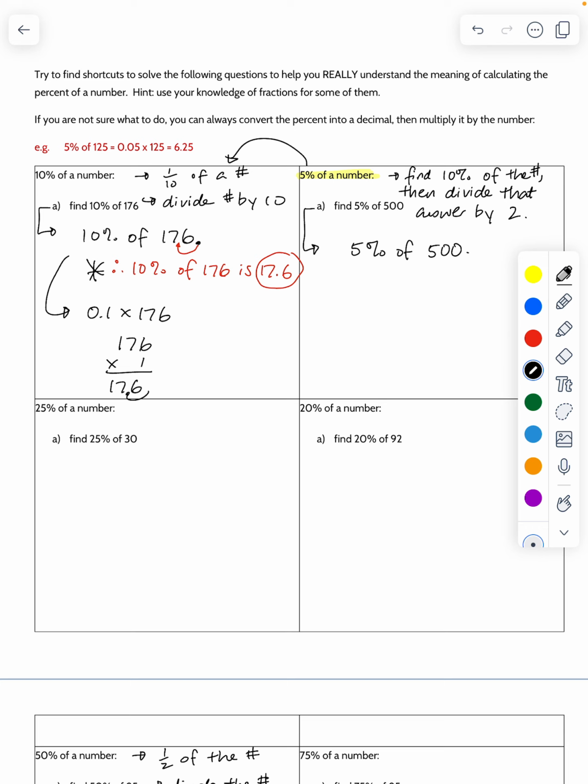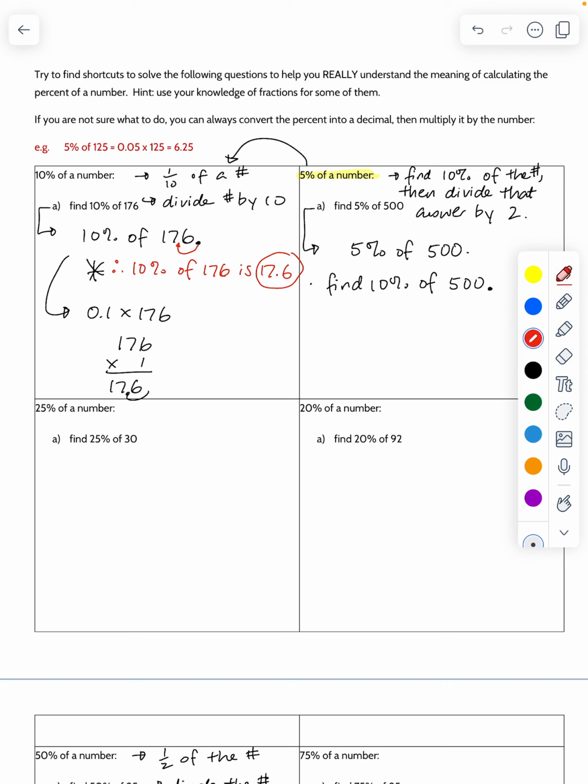So what you're going to do first is find 10% of 500, which again, if you remember in the previous example about 10%, all you're doing is moving the decimal point one spot to the left because you're taking a tenth of that number.